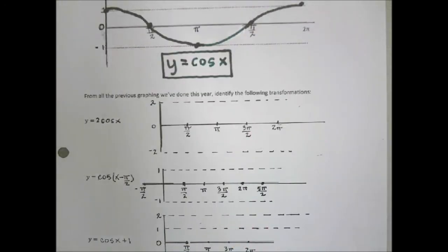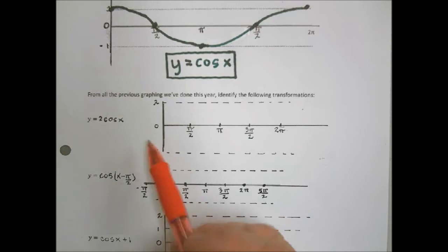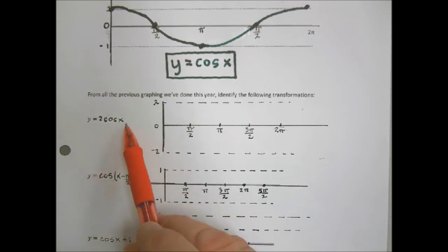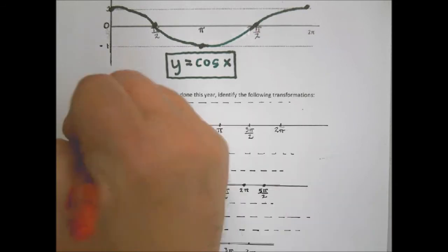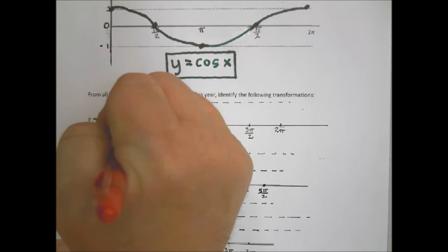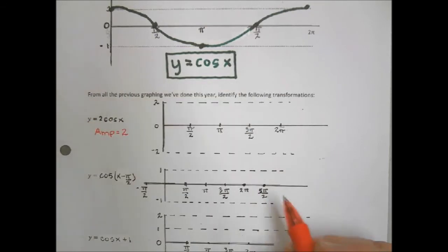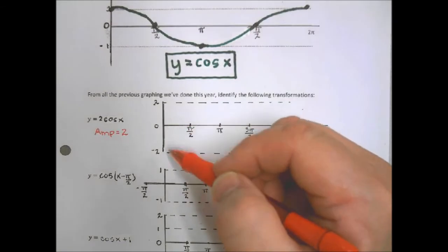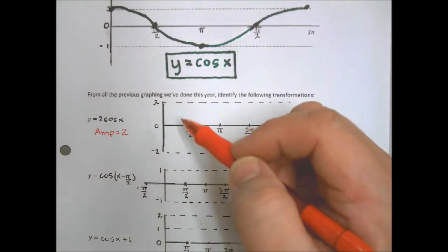So keeping the parent graph of y equals cosine x in mind, let's look at a couple of ways we can change that. What about y equals 2 cosine x? Well, that leading coefficient simply means the amplitude is now 2. So what used to be the max and the min at 1 and negative 1 is now going to be at 2 and negative 2.